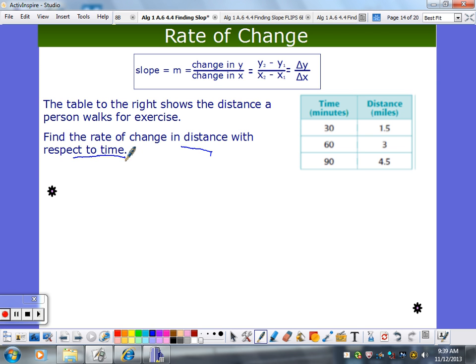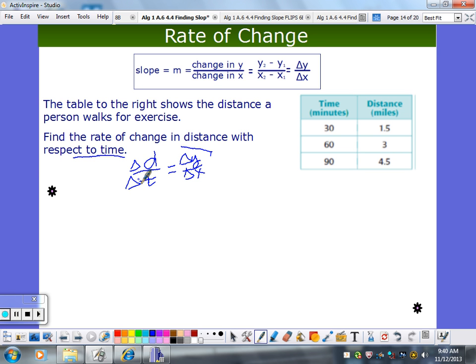So I don't see x, y anymore, but I see distance with respect to time. So when I use the units, it helps me figure out what I'm doing here. Because I can compare this with change in y over change in x. And I really should write this as change in distance over change in time. So now I'm looking at things that we're not necessarily calling x and y, but they're acting like our x and y.